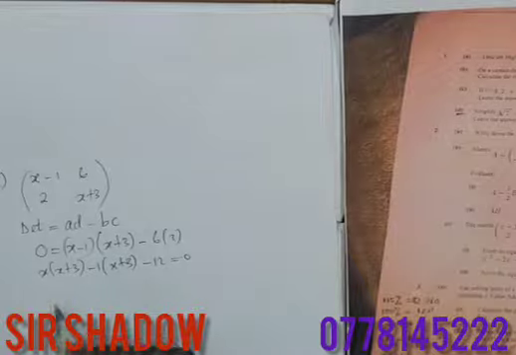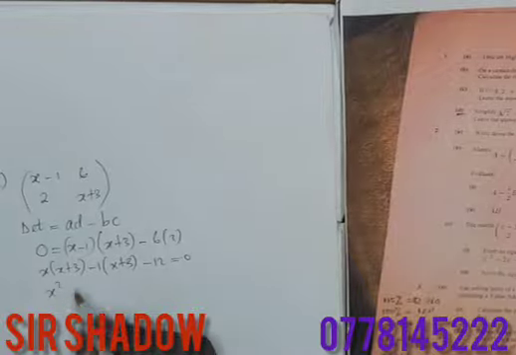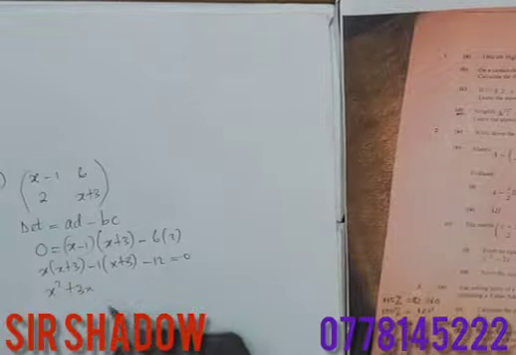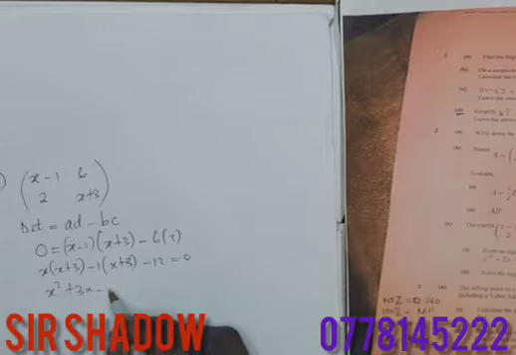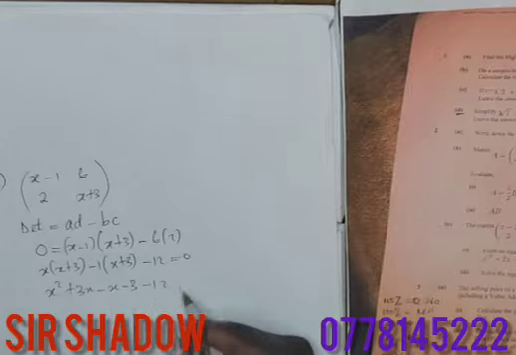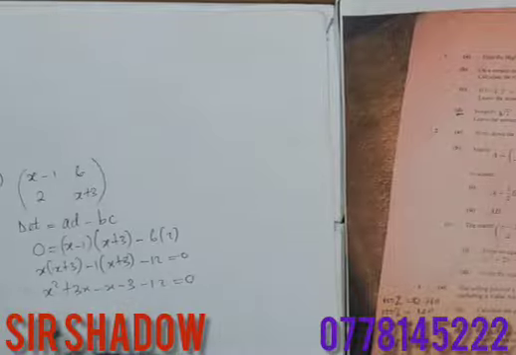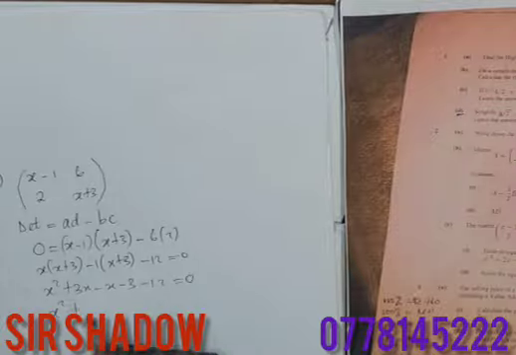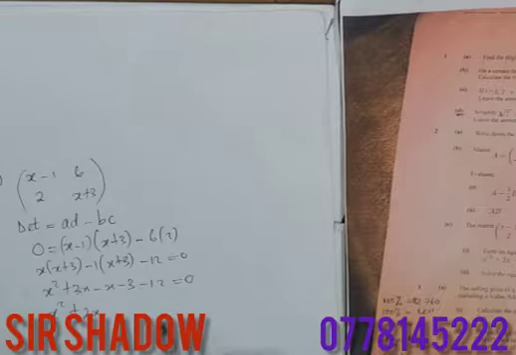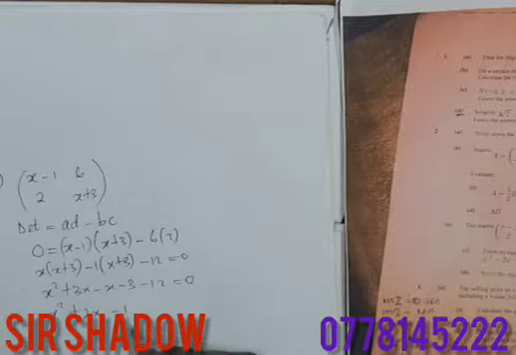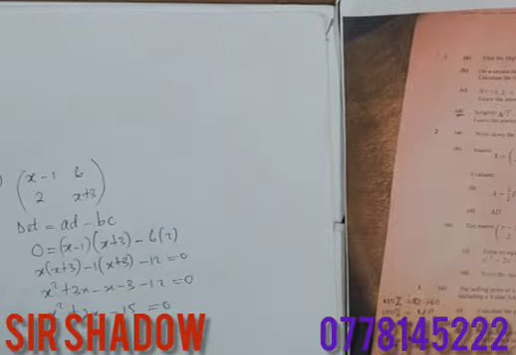Let's now expand. We have x squared plus 3x minus x minus 3 minus 12 is equal to 0. Let's simplify the like terms. We have x squared, 3x minus x gives plus 2x, then minus 3 minus 12, which is minus 15, equal to 0.